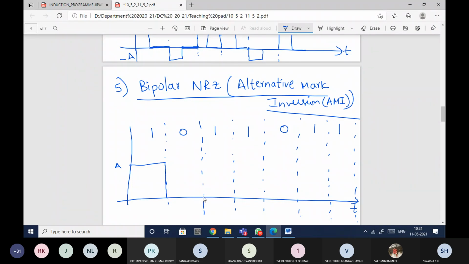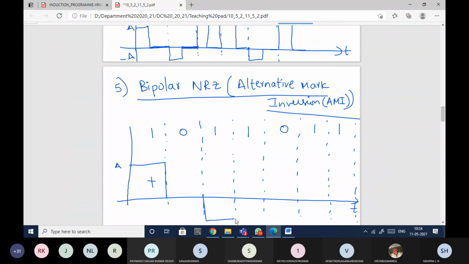Okay, then again you have got a 1, so the first amplitude was positive, so the next amplitude will be negative like this. Okay, again I've got a 1, so its amplitude will be positive. Again I have got a 0, so its amplitude will be 0. 0 will be represented with 0. The ones will be represented with positive A and negative A. Since it is happening in this way, it is said to be bipolar.